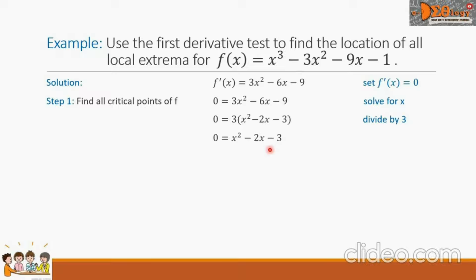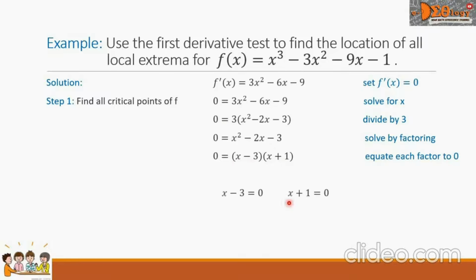Then let us solve for x. We can solve this equation by factoring. So the factors are x minus 3 times x plus 1. And from here, let us equate each factor to 0. So x minus 3 equals 0 and x plus 1 equals 0. Solving for x in the first equation, we transpose the negative 3 to the right.